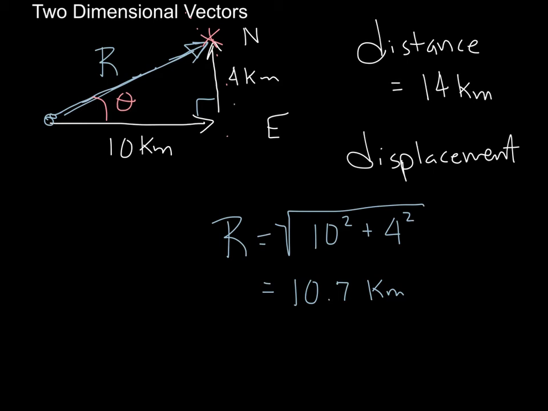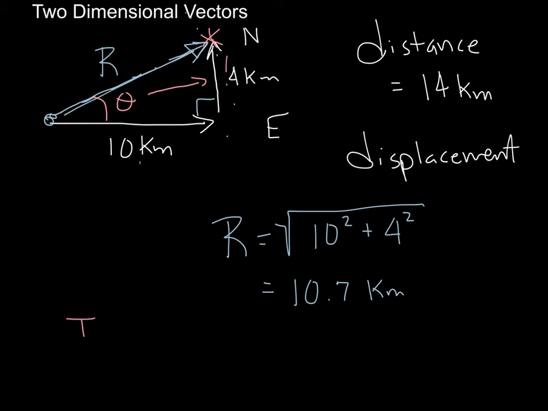So the way we do this is we employ one of our trigonometry functions. It's a pretty common one for determining an angle from your starting vector. If you look at this theta, which is a terribly drawn theta, if you look across from here, that opposite wall in this three-sided room is the 4 kilometers, and the adjacent side is the 10.